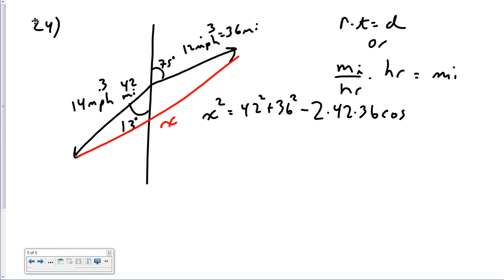Cosine of the opposite angle, it's the supplement of 75 there, so 105 degrees, which means cosine of 105 degrees. Now, don't forget on this, because you don't want to have to do all that work and then make a simple error at the end.